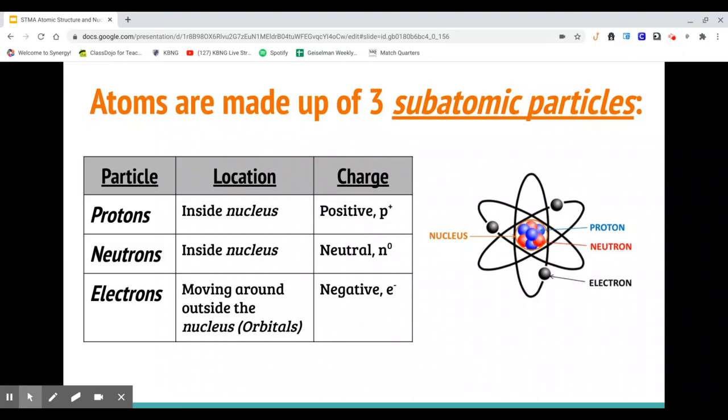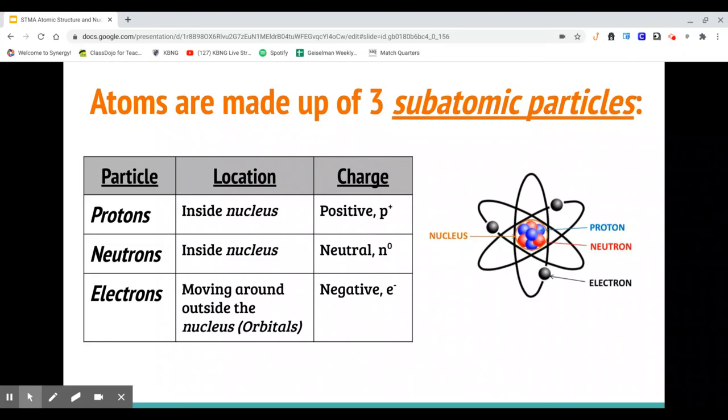When we look at the electric charge of these particles, the proton is positive, meaning it has a positive charge. Neutrons then are neutral. They have no positive or negative charge. And our electrons on the outside are negative. The charge on one proton is as positive as the negative charge on an electron.